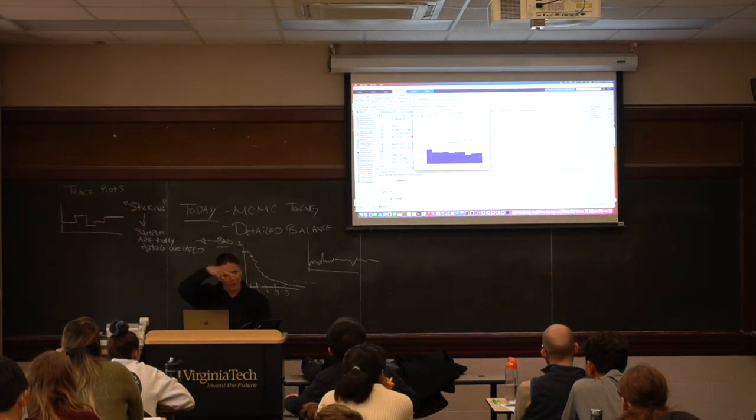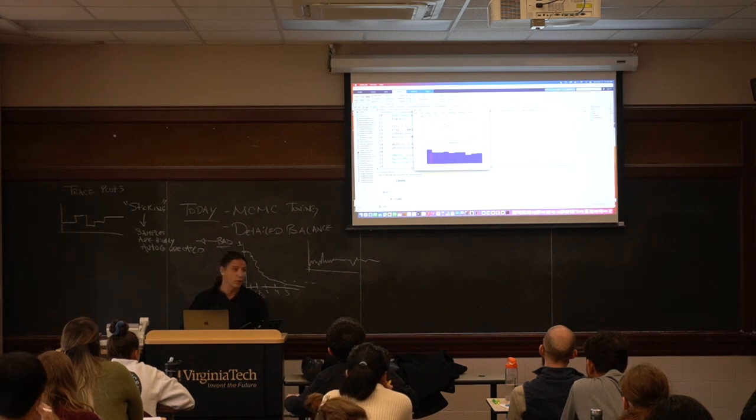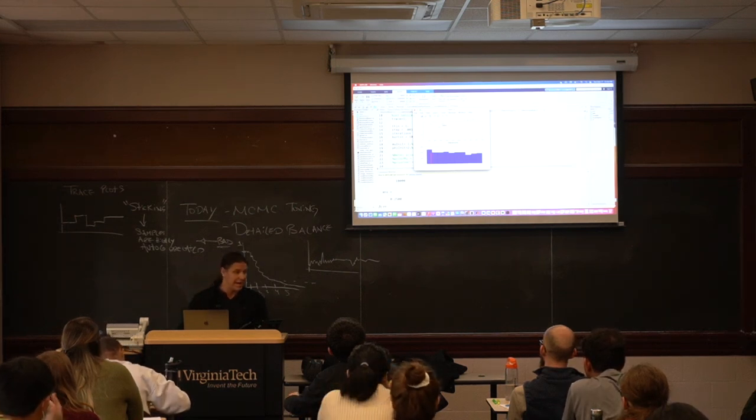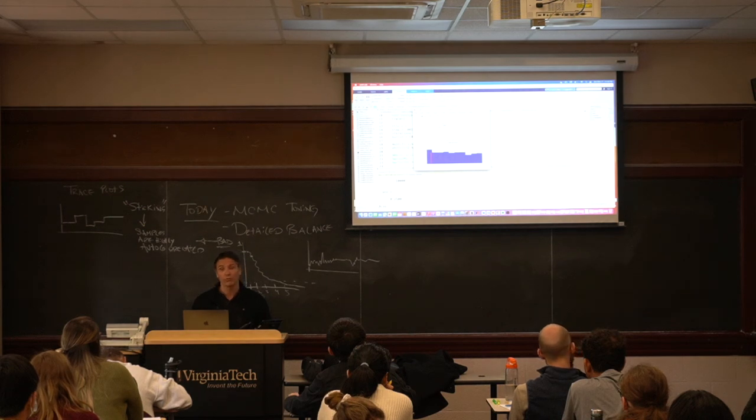It's actually just tippy-toeing. Can you tell that this is highly autocorrelated as well? So that's also highly autocorrelated because the point that we accept at the next step is very similar to the old point. It's not exactly the same point, but it's very similar to it. So it's also very autocorrelated. We haven't even burned this chain in long enough.